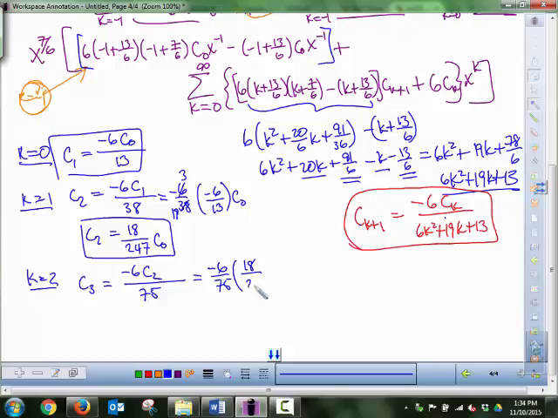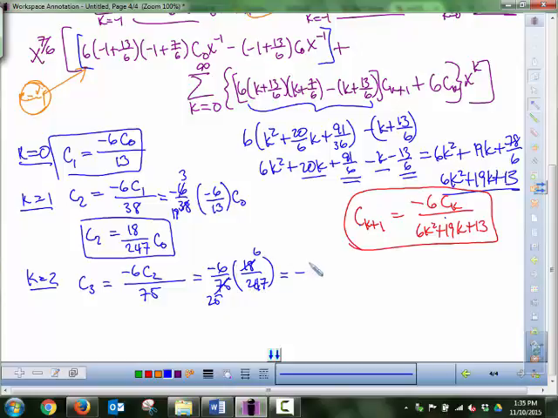18 divided by 247. 247 is a product of two prime numbers, and neither of them are 3 or 2, so they're not going to cancel. I don't think anything will cancel here. Oh, 3 and a 5, right? 6 over 75. This is 25. So I need 25 times 247.